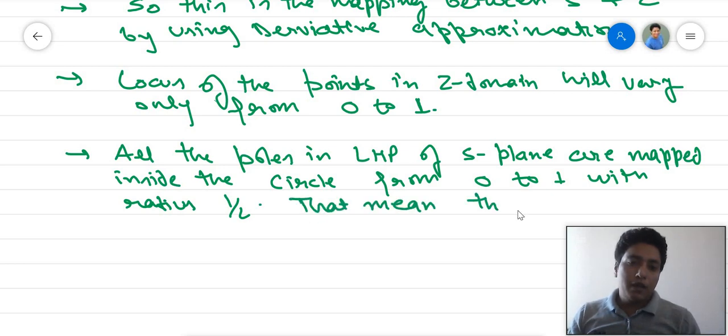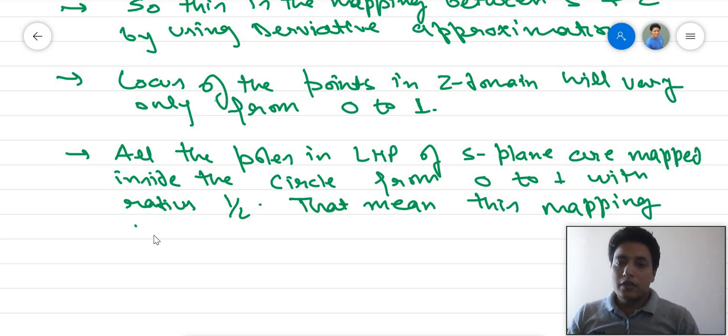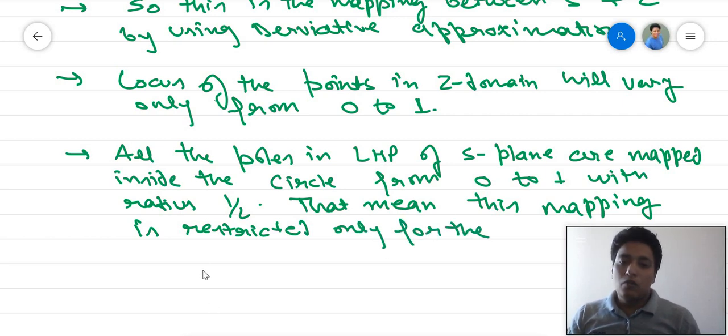That means this mapping is restricted only to the low frequencies.